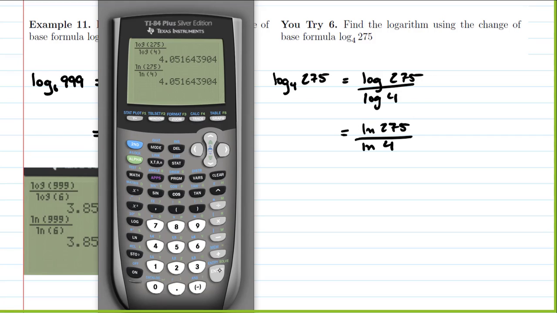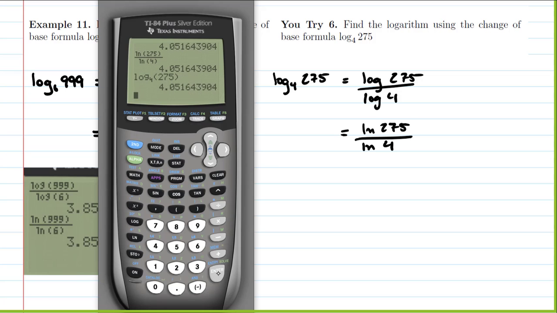But now, if we take a look, if we press alpha and window on our calculator, it should pop up a menu that looks like this. If you look at choice number 5, you will see that it says log base. You go down and select it, and it now inserts a logarithm where we can actually just type the base in. So 4, right arrow, and then 275.